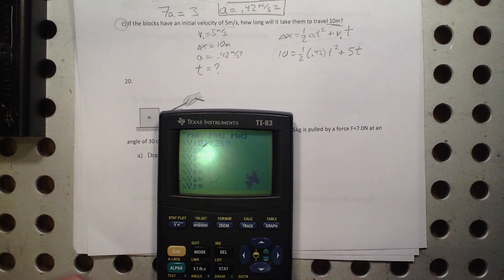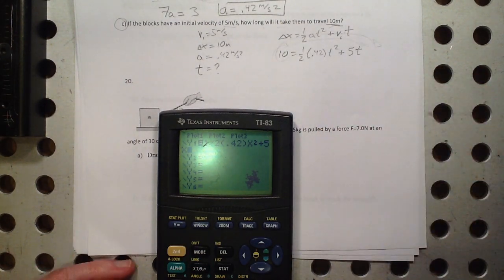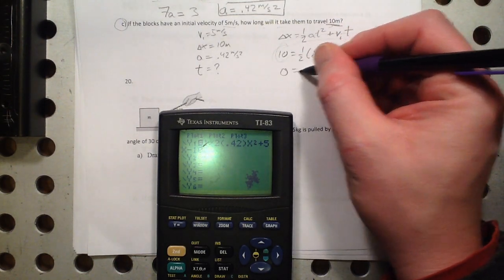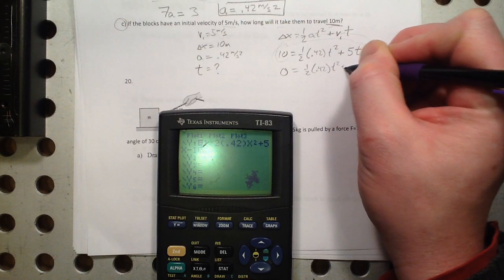So I've got everything on this side equal to 0 minus 10. And since I have it equal to 0, I can graph it and find the 0 of the graph.